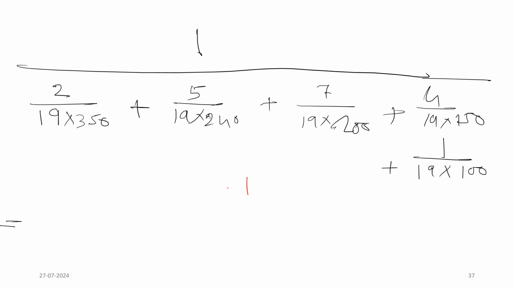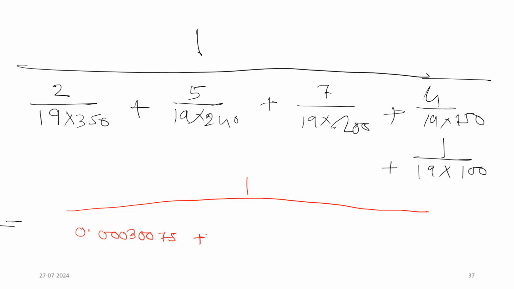The first one is coming 0.00030075. Then calculate this, 1 by 36. You calculate with me and see whether we are getting it or not.